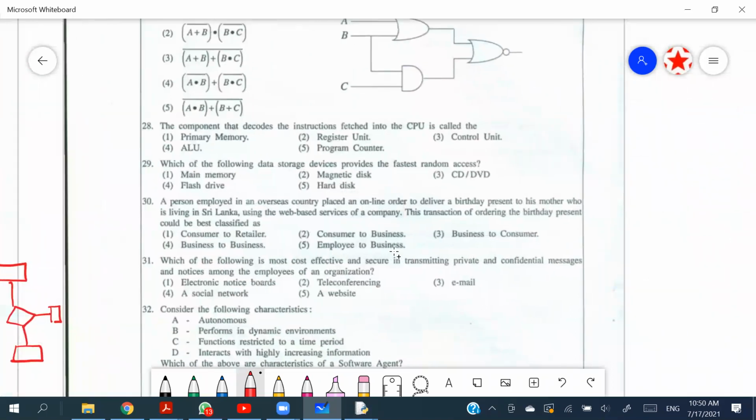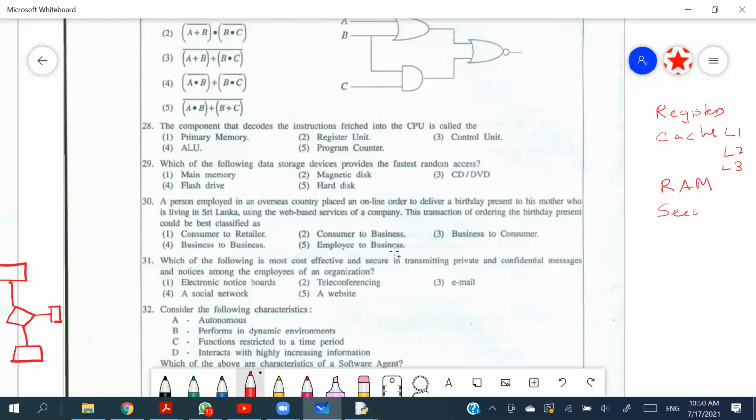Right. So in 29th, it says, which of the following data storage devices provides the fastest random access? So this is regarding the memory hierarchy, right? What are the memory hierarchy levels we got? We got registers. We got cache memory. It is L1, L2, and L3 cache memories. Then the RAM.